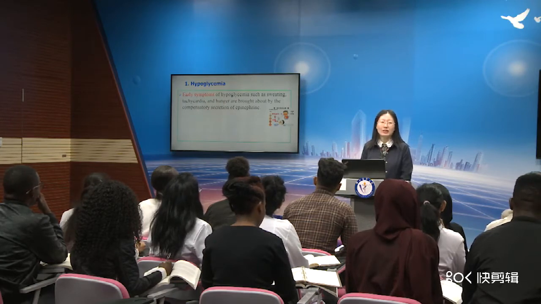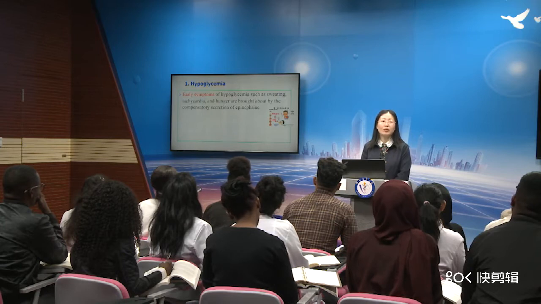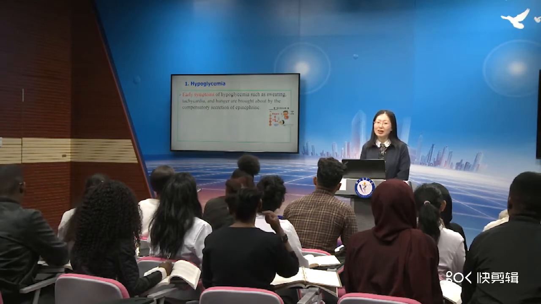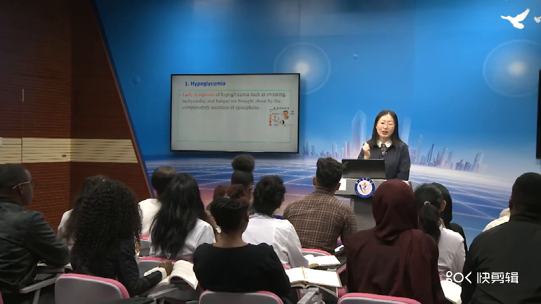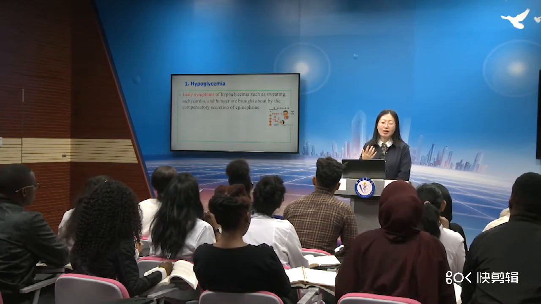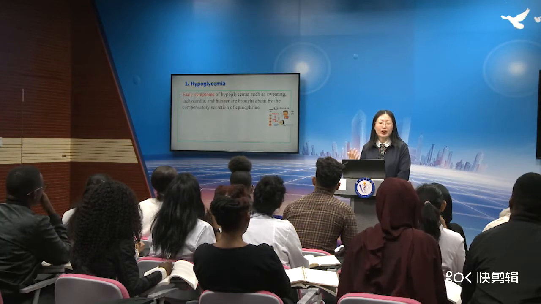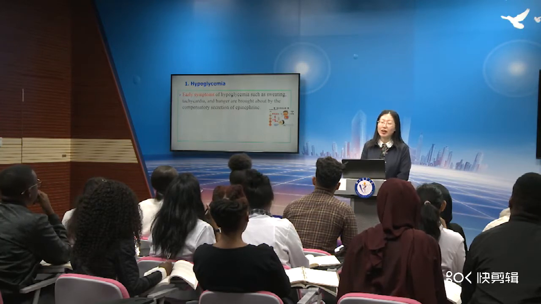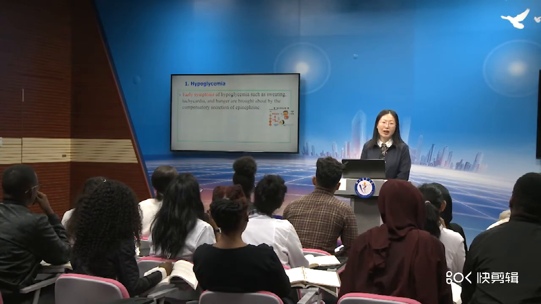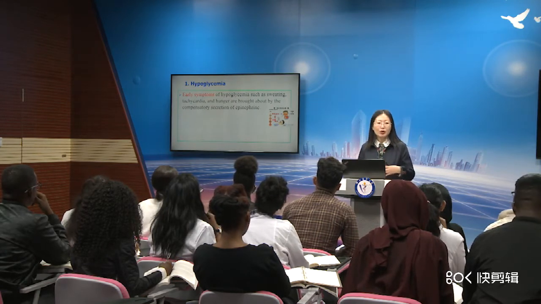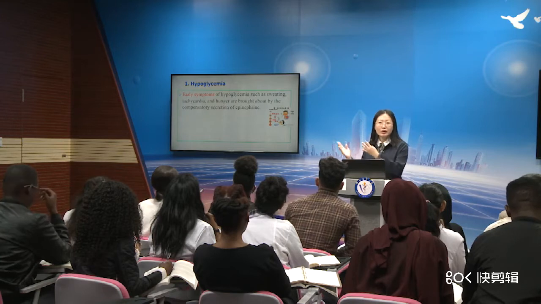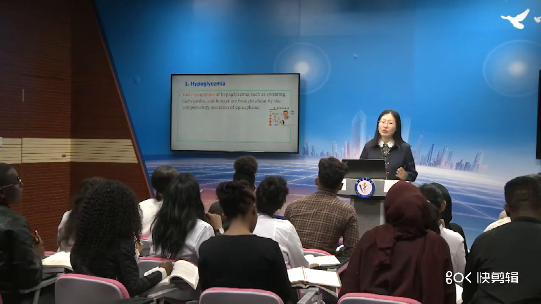In the early stage, the early symptoms of hypoglycemia, such as sweating, tachycardia, heart rate increase, and hunger, are brought about by the compensatory secretion of epinephrine. So as a doctor, in this early stage, how to treat?